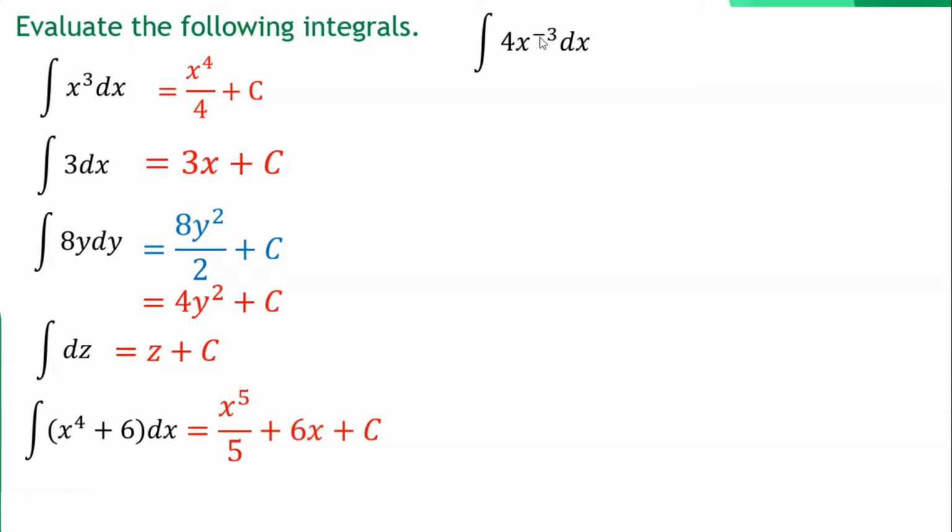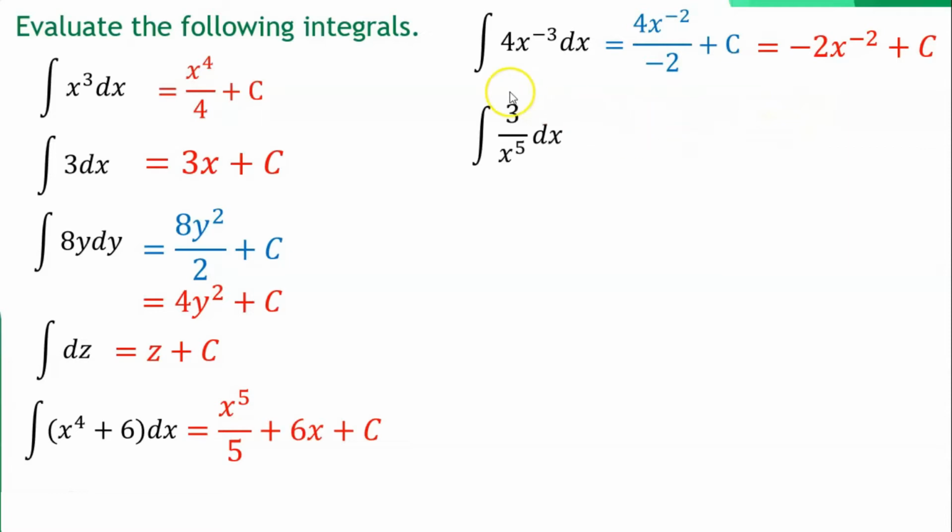So negative 3 plus 1, so that would become x to the power of negative 2 over negative 2 plus c. Simplifying further, this would become negative 4 over negative 2, so negative 2x to the power of negative 2 plus c. Or we can rewrite this as negative 2 over x squared plus c.